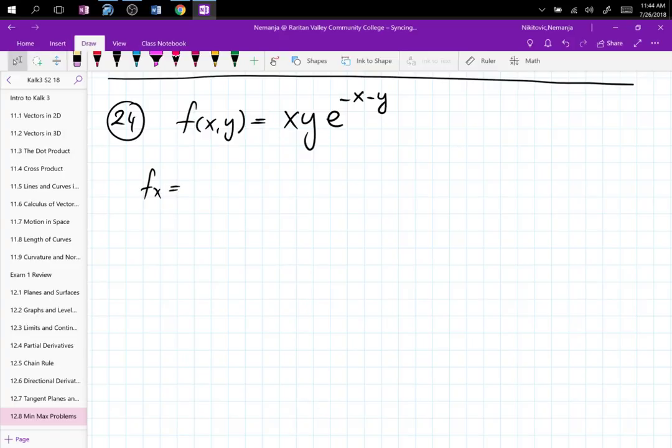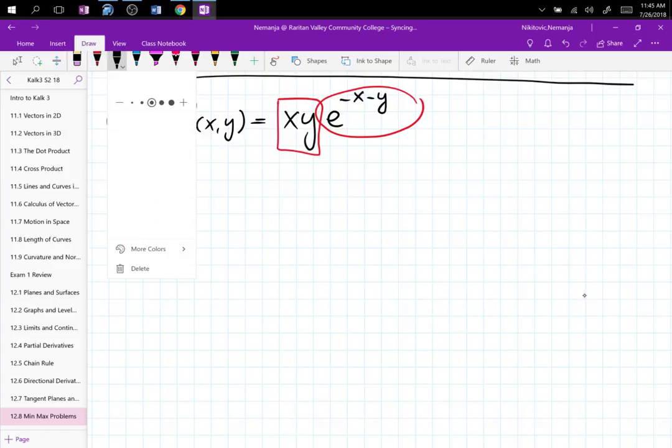I hope you used product rule. We have the product rule. When I'm taking the derivative in respect to x, I can regard this as one function and this as the second function, and y's would be constants in this case.